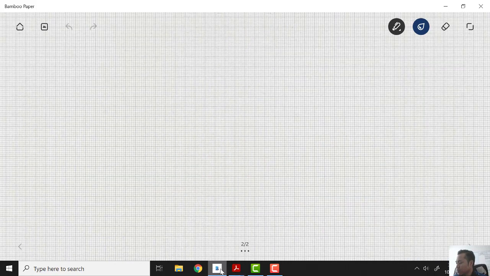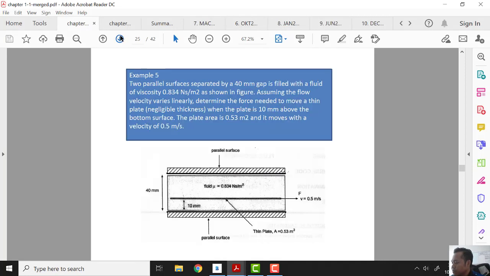Now let's continue to the second example, which is example 5. In this example we have two parallel surfaces separated by a 40 millimeter gap, filled with a fluid of viscosity 0.3834 Newton second over meter square, which is the dynamic viscosity, mu.